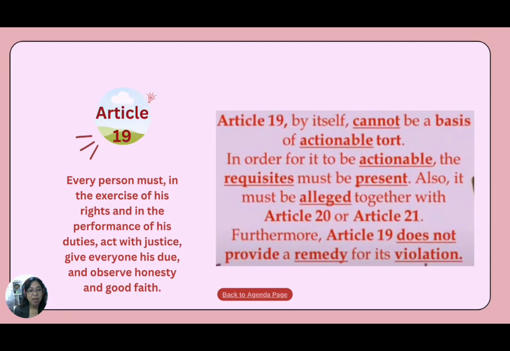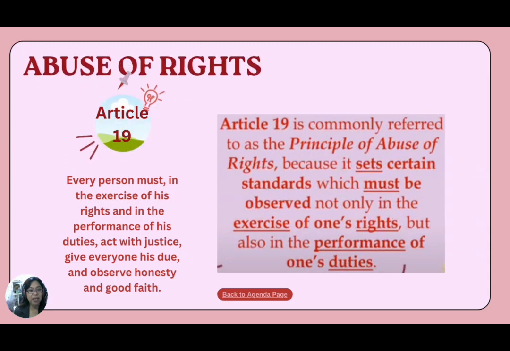Okay. And Article 19 is commonly referred to as the principle of abuse of right because it is a set of a certain standard which must be observed not only in the exercise of one's right but also in the performance of one's duty.